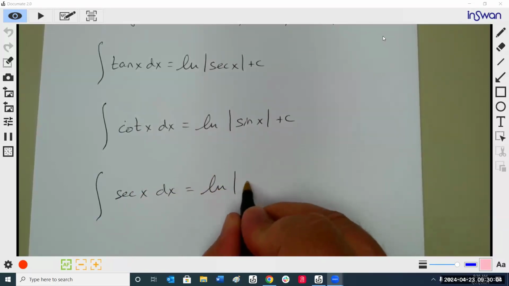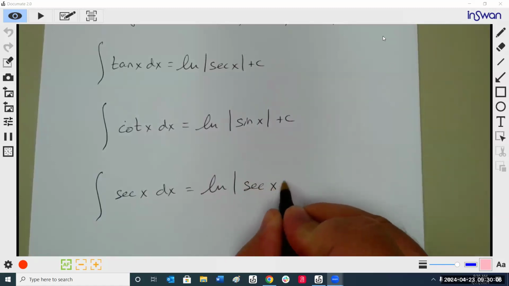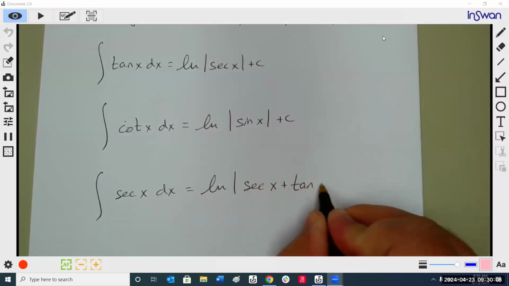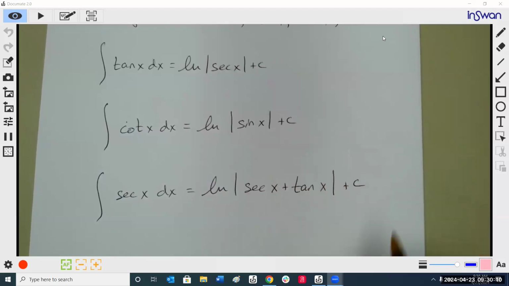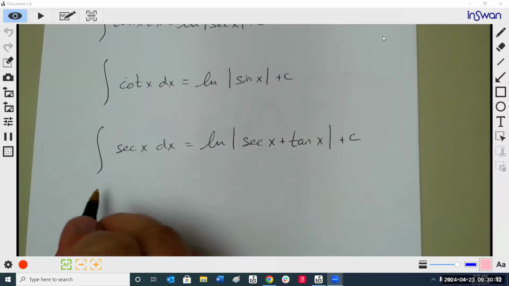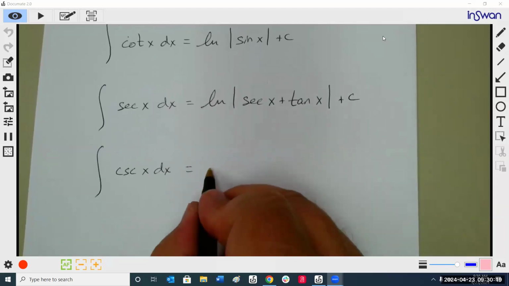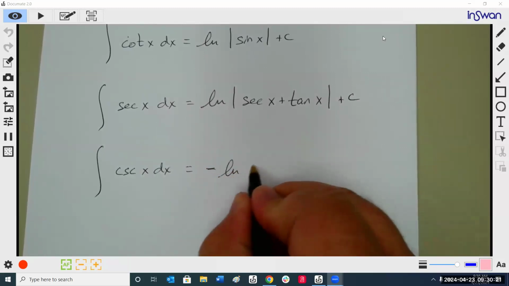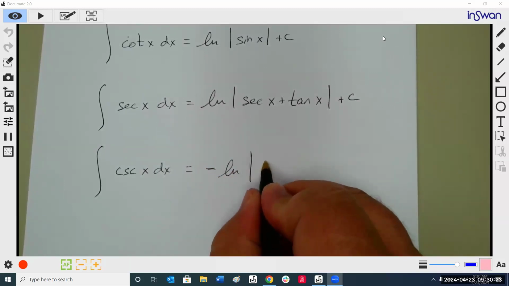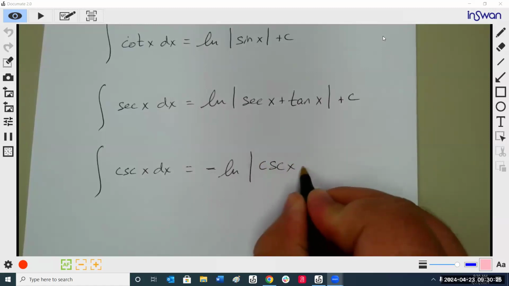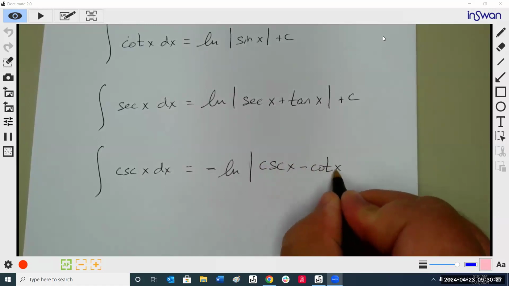The integral of secant is the ln of secant x plus tangent x plus c. And the integral of cosecant is the negative ln of cosecant minus cotangent.